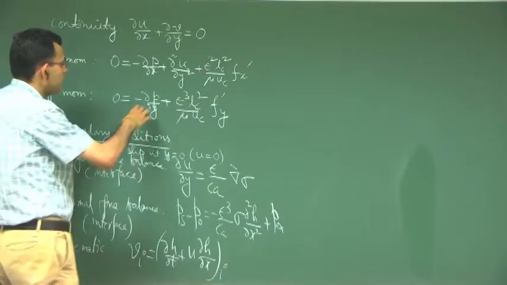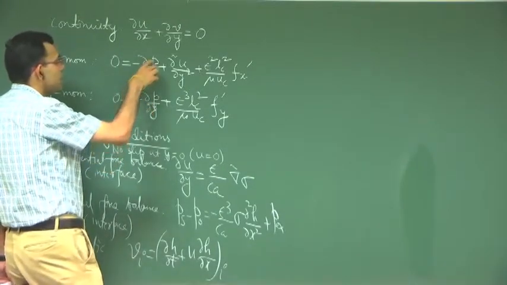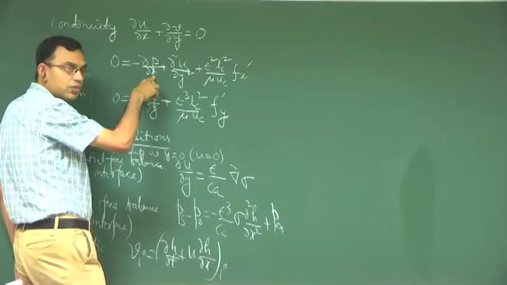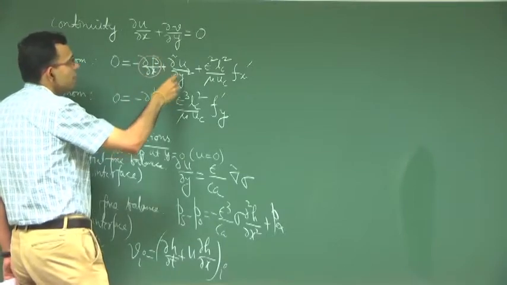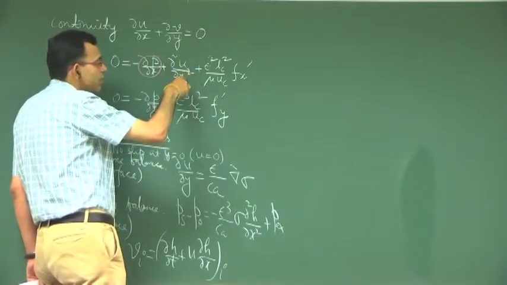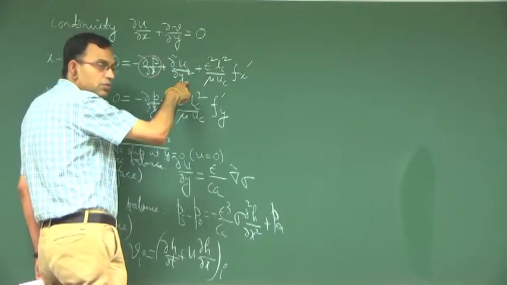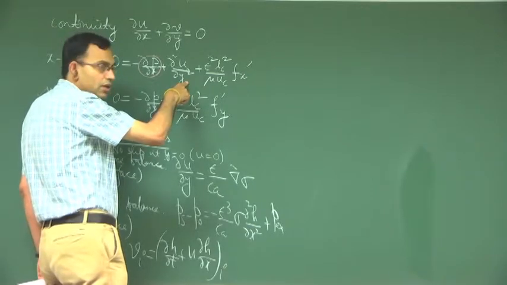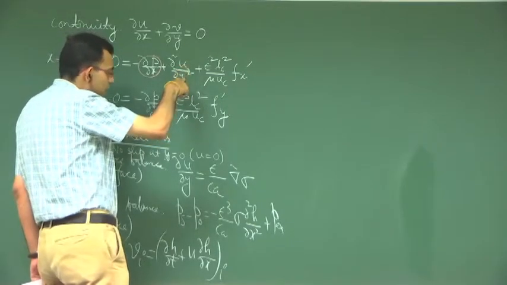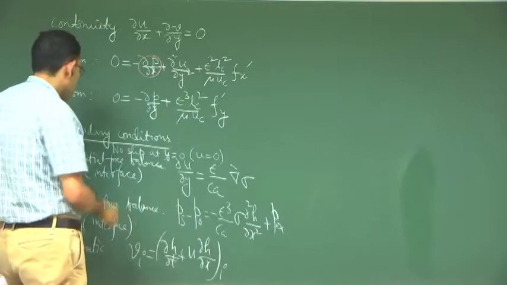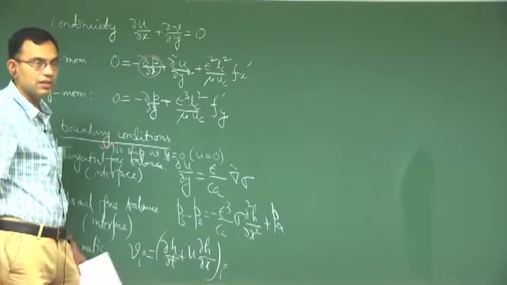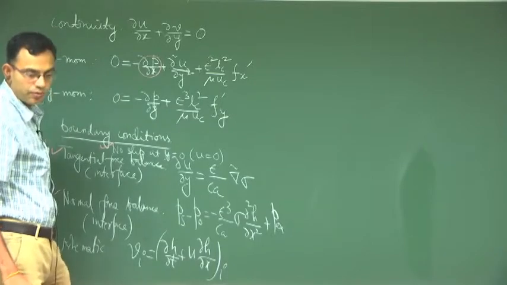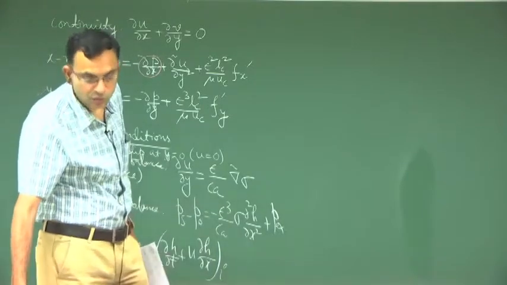Then once the pressure profile is obtained, that pressure is differentiated with respect to x and substituted here. So, this gives us a second order partial differential equation in y for u, and this is integrated twice with the no slip boundary condition and the tangential force balance boundary condition to get the velocity profile, and that expression I am now going to write.